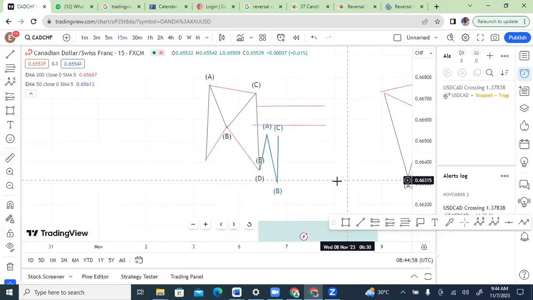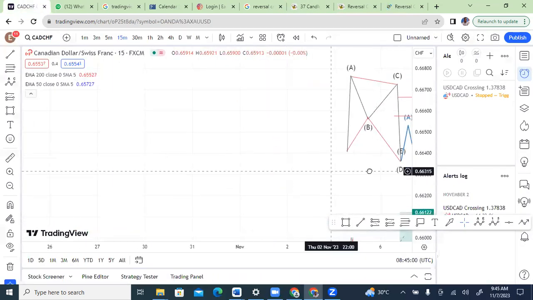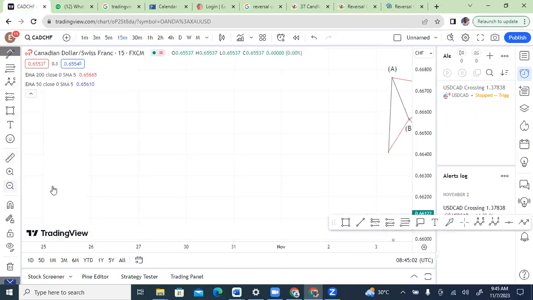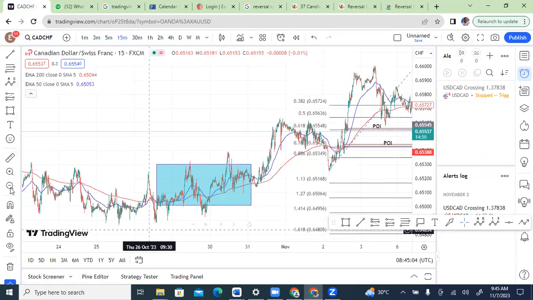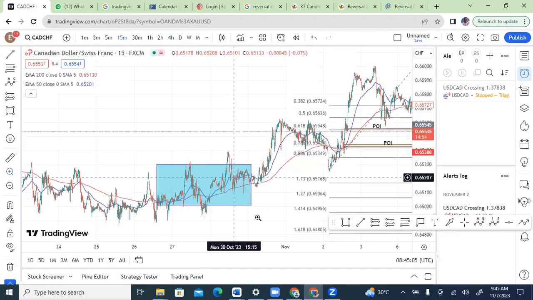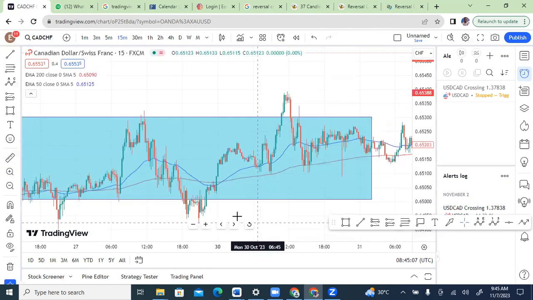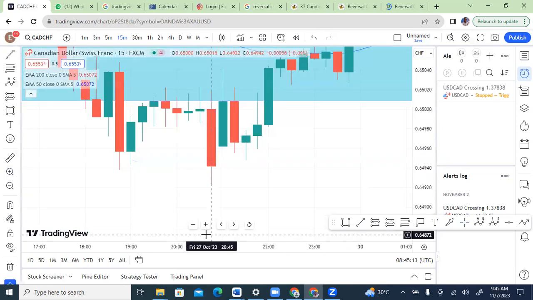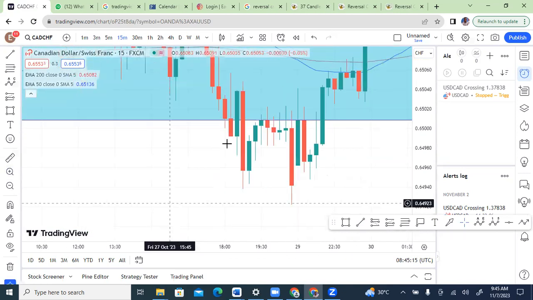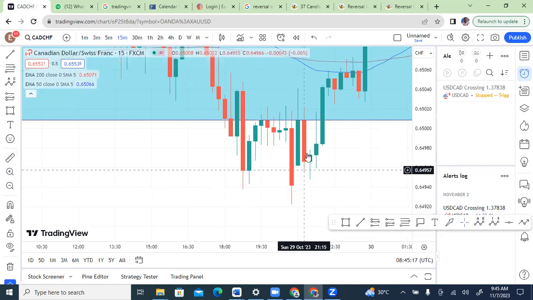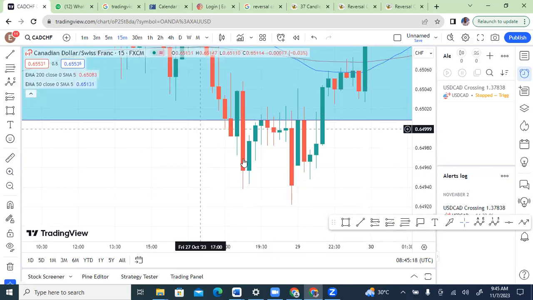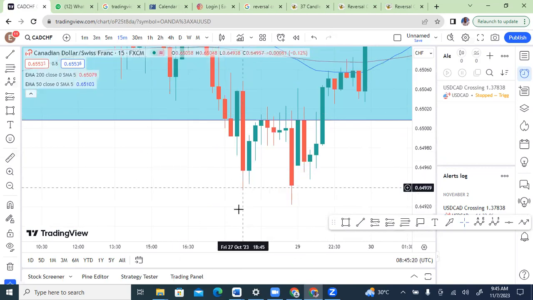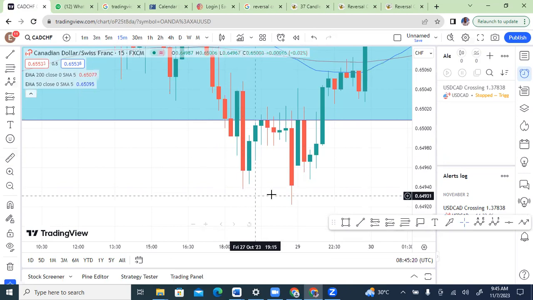Let me show you an example of a bullish candle. For example, look at this. Can you see the W I was telling you about here? This is like a buy now. This is a W. Can you see that this is a perfect W?